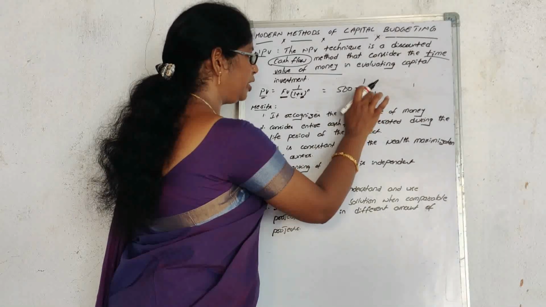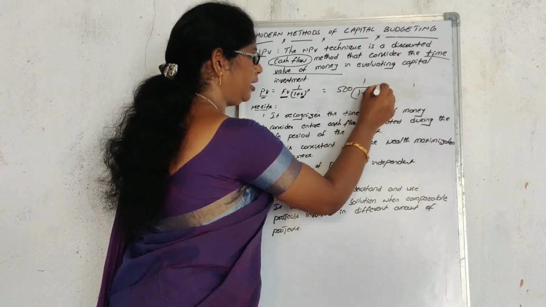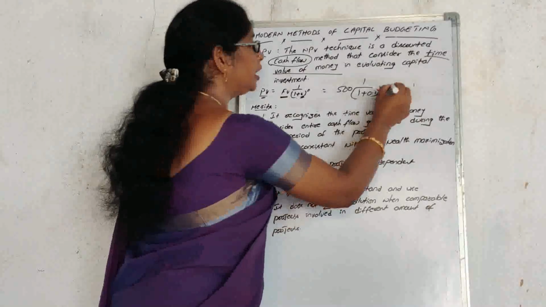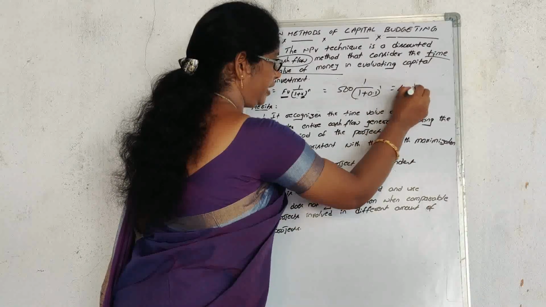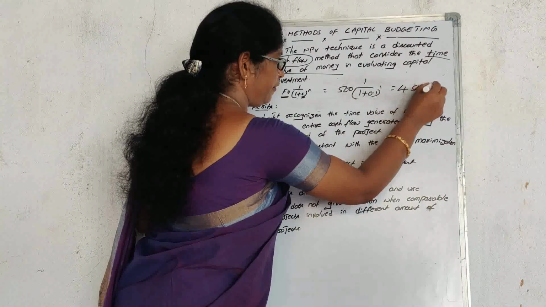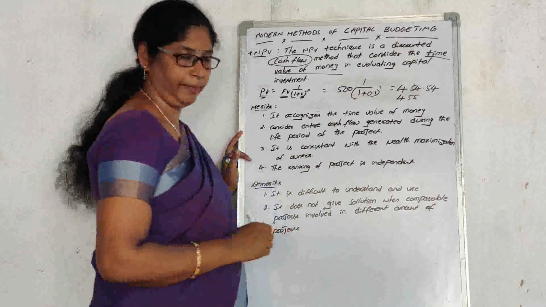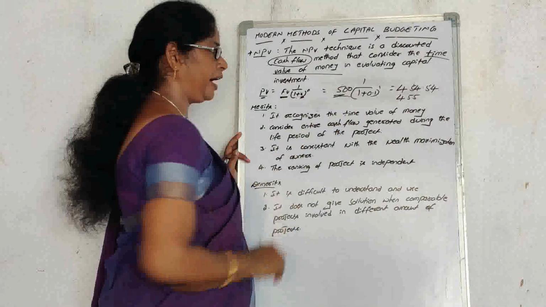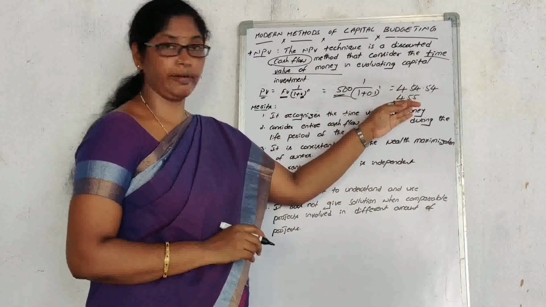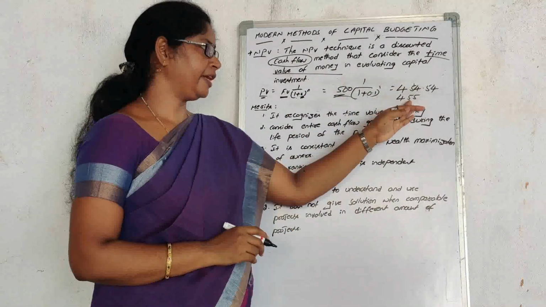How many years are you investing in that market? Only 1 year. The total value will be 454.54, which I round to 455. Means today's 500 value, after 1 year will be 455 rupees.